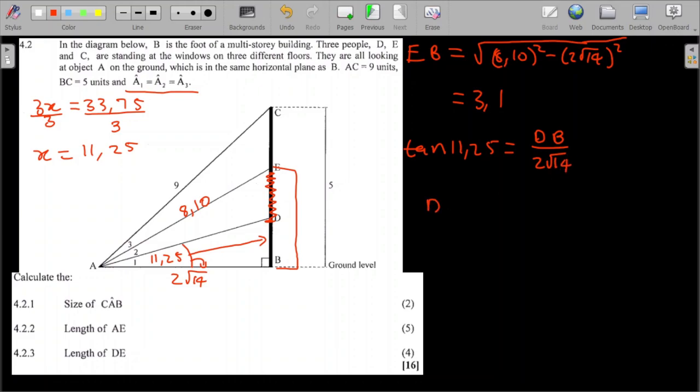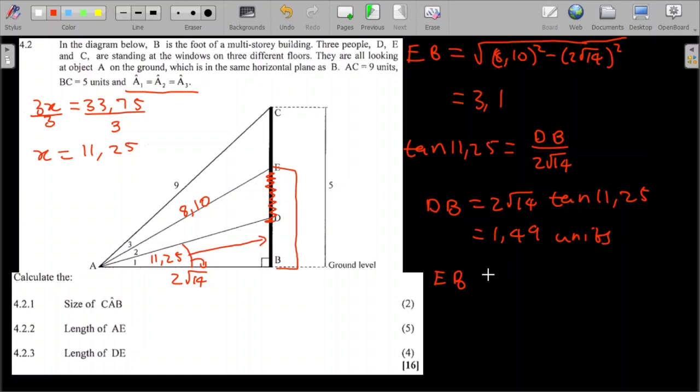So finding DB is going to be 2 square root of 14 times tan of 11.25, and then punching that in my calculator, it's giving me 1.49 unit.